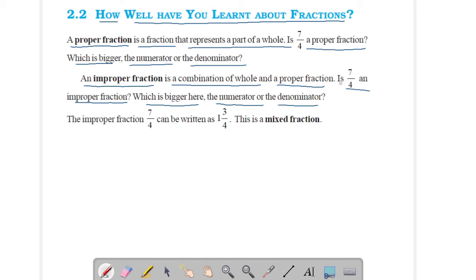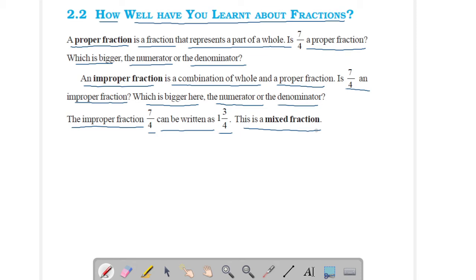If the numerator is greater than the denominator, then it is called an improper fraction. The improper fraction 7 upon 4 can be written as 1 3 upon 4. This is a mixed fraction. It means an improper fraction can be written as a mixed fraction.